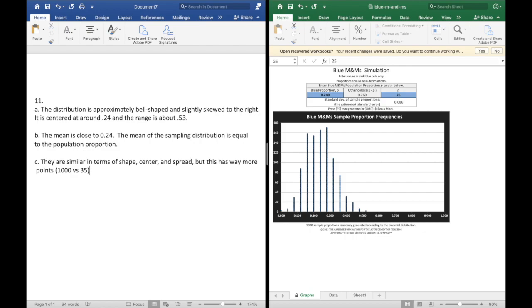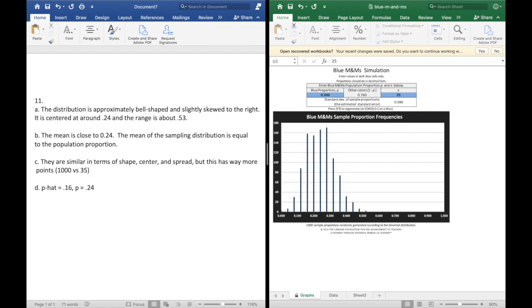What is the error in the sample proportion? So if you recall, let's just go with what I had under my cup. Remember that under my cup, p hat was equal to 0.16, right? 0.16. And p was equal to 0.24.